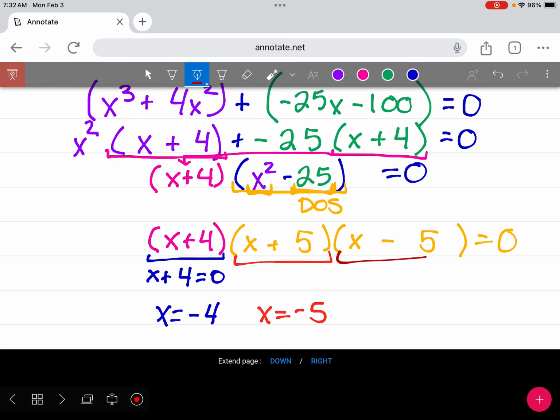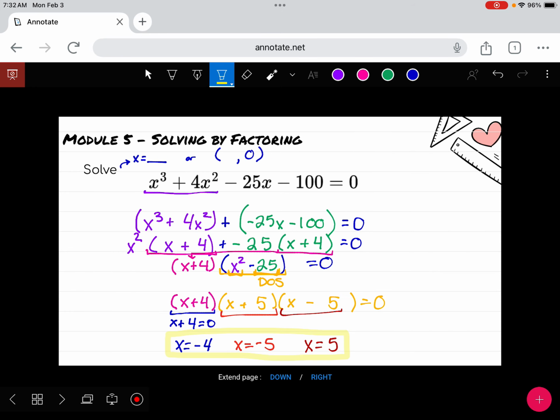And for my x minus 5, we're going to get a positive 5. So this is all our solutions, roots, zeros, x-intercepts for this guy up here. And writing them just like that is totally fine, 100% answer.